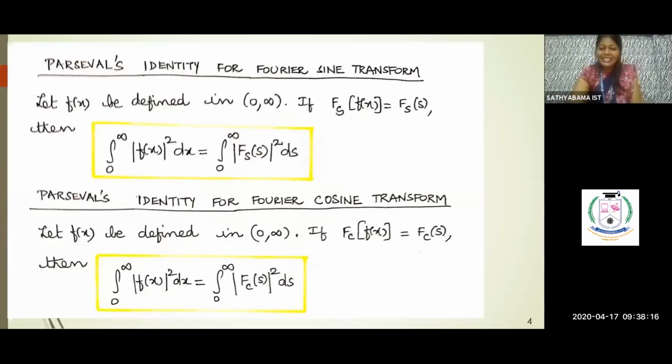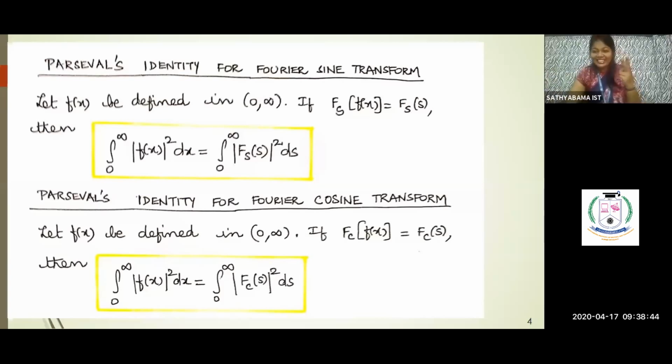The statement is very similar to what we saw in the Fourier transform. F of x is again defined in 0 to infinity. If the Fourier sine transform of f of x is denoted as Fs of s, then the statement is: integral 0 to infinity, modulus f of x squared dx is equal to integral 0 to infinity, modulus Fs of s squared ds.